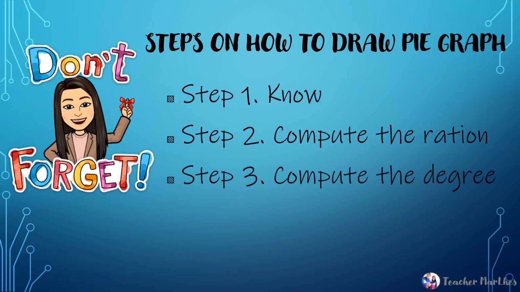Step 3, compute the degrees. Then step 4, draw the circle graph and put the label of every parts, and don't forget to put the title of the graph. So huwag kakalimutan lagyan ng label ang bawat parts. So yung percentage ang nilalagay, hindi po yung degrees. Then pinakahuli, don't forget to put the title of the graph.